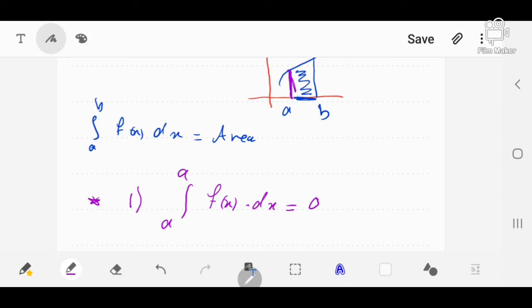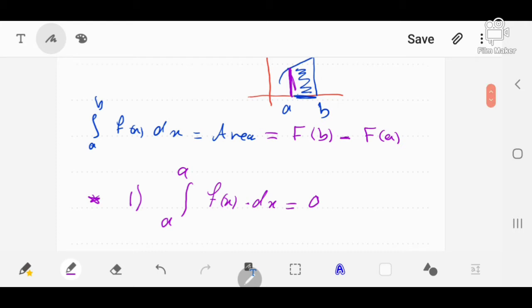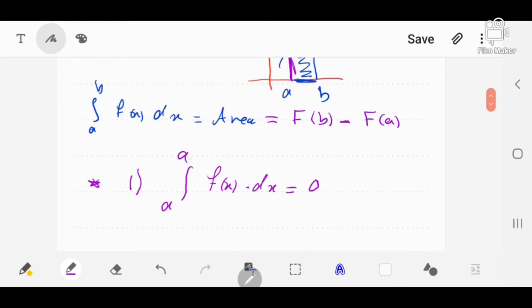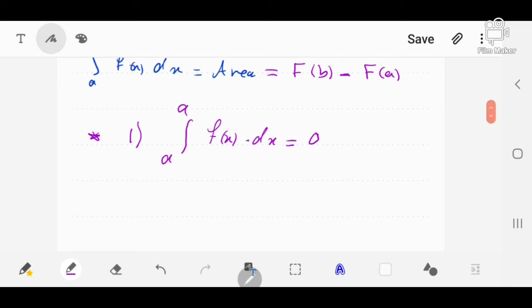Or you can figure that out from the way of calculating this. We said that this integration will be equal to capital F of b minus capital F of a. Since I'm talking from a to a, it will be F of a minus F of a, which is 0. So that makes sense.